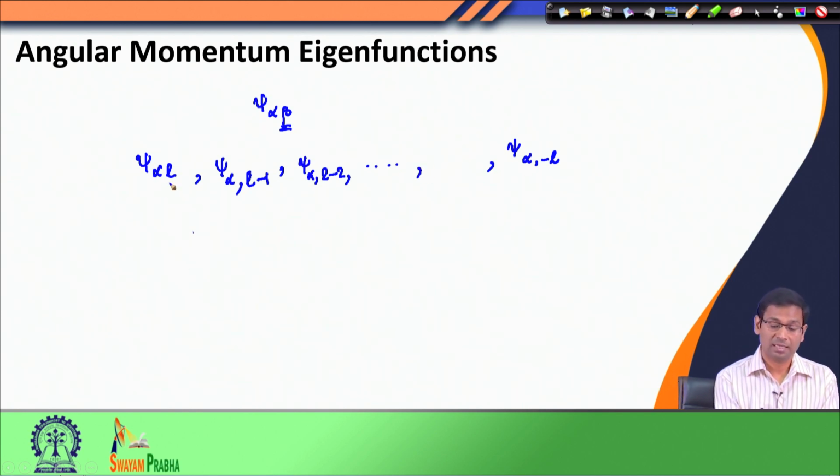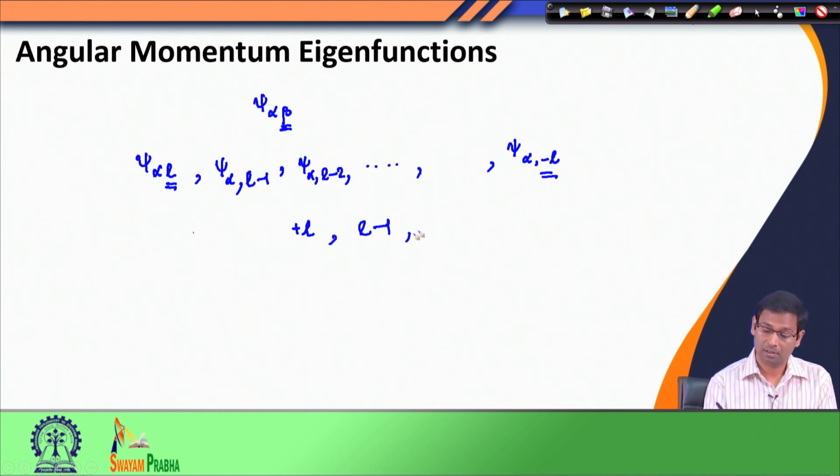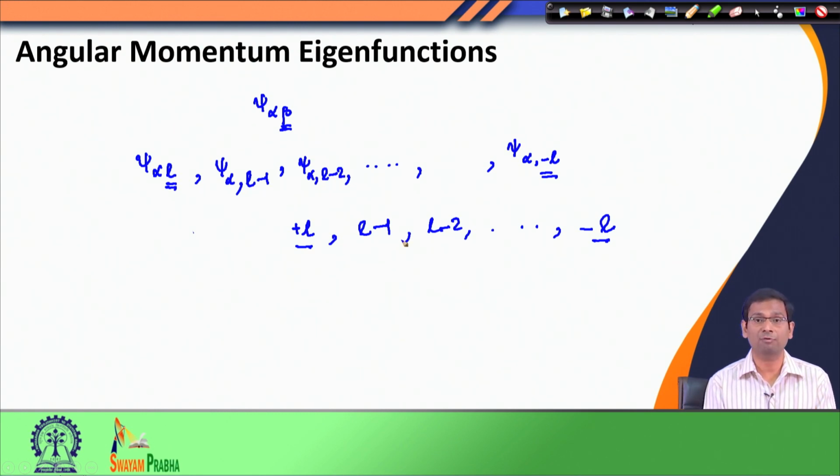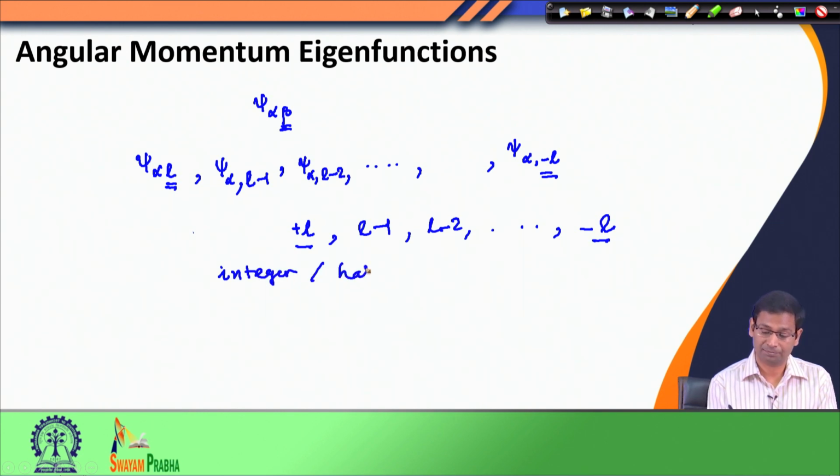So, here you see that I am starting from plus L and I am ending at minus L in the step of 1. So, plus L, or L minus 1, L minus 2, and I am ending at minus L. Such a series where both plus L and minus L will appear and then they will be obtained in the step of 1, such a series is fulfilled only when L is integer or half integer.